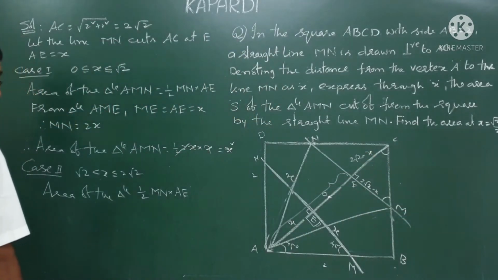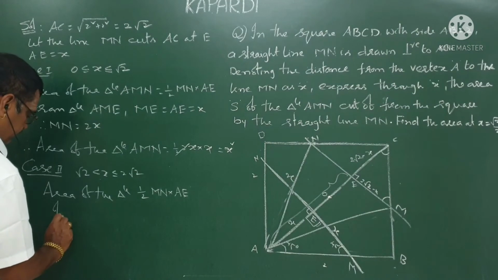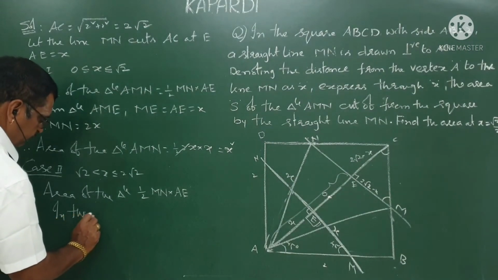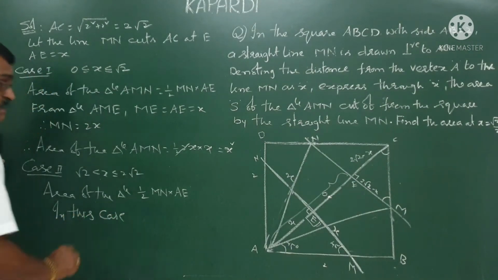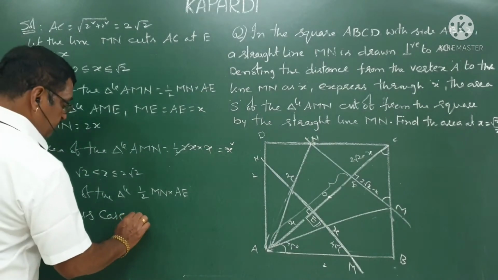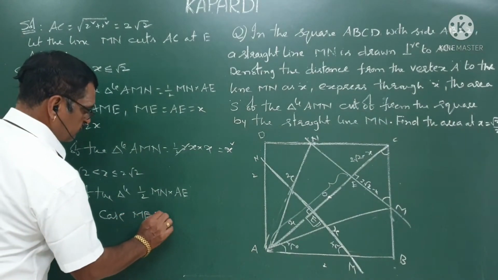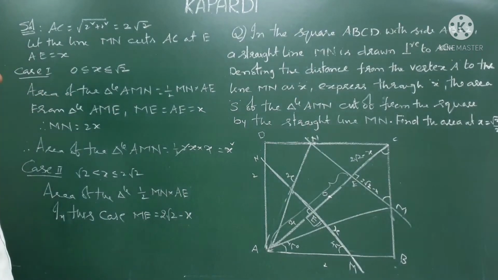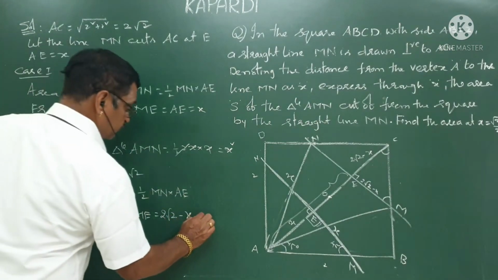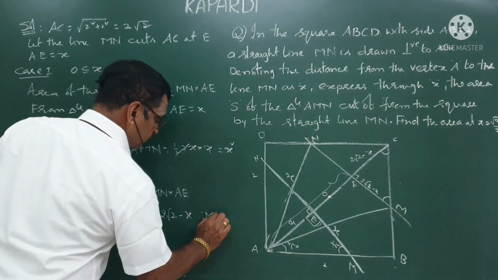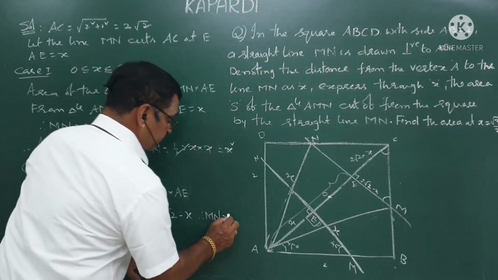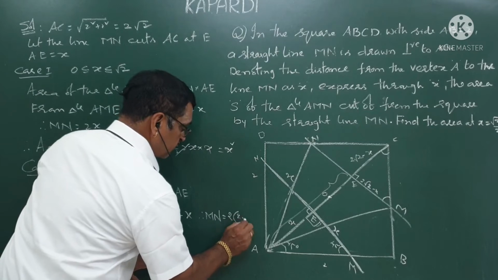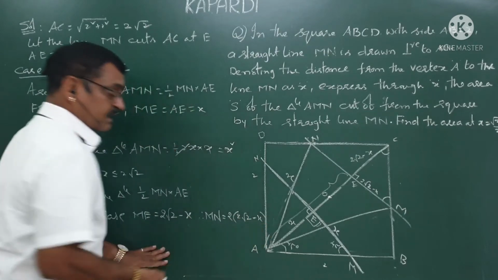Therefore, in this case ME is equal to 2 root 2 minus x. Therefore, MN is equal to 2 times 2 root 2 minus x.